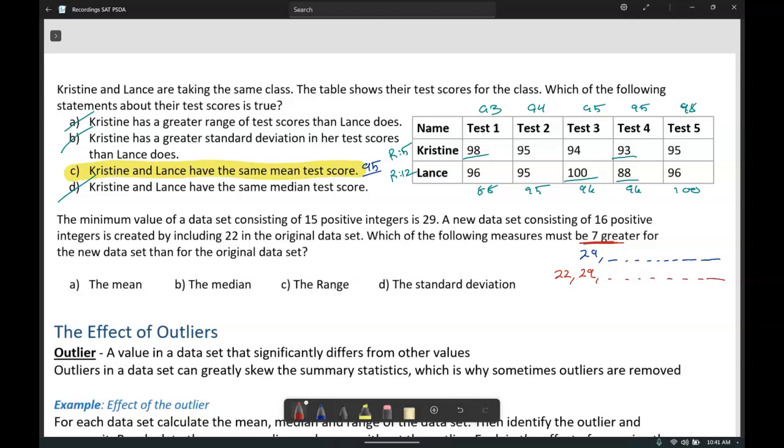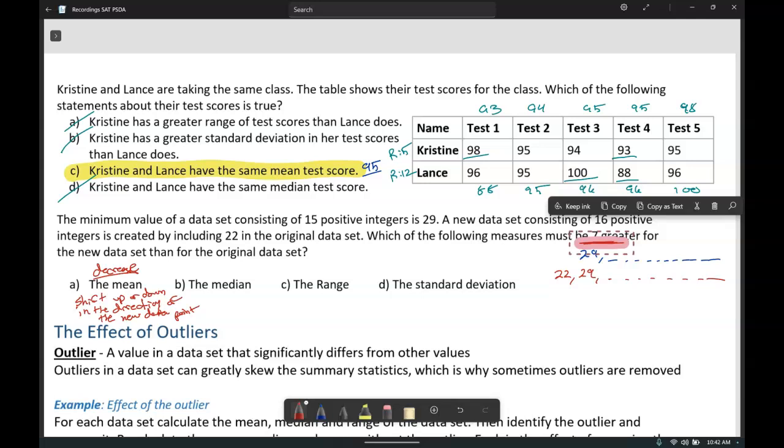Whenever we add in another value, the mean is going to shift up or down in the direction of the new data point. Since our new data point was added at the bottom, our mean is going to decrease. Because the mean is decreasing, it can't be 7 greater. So we know that that's not going to be the case.